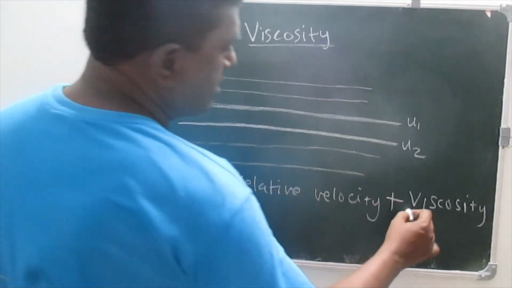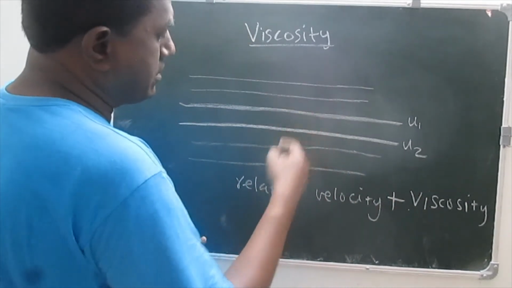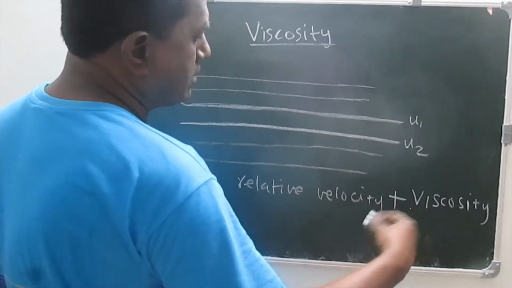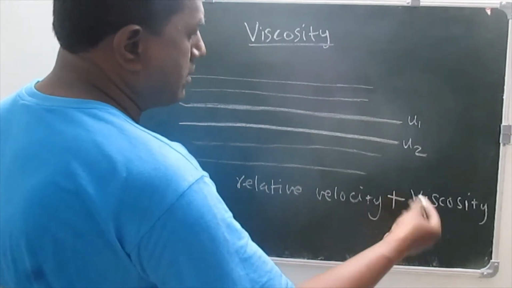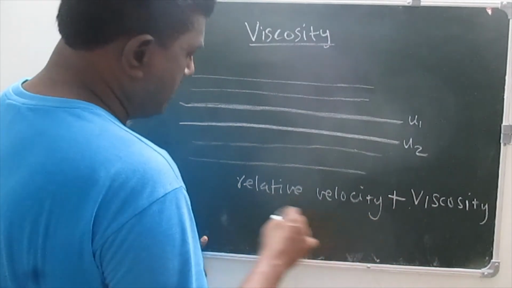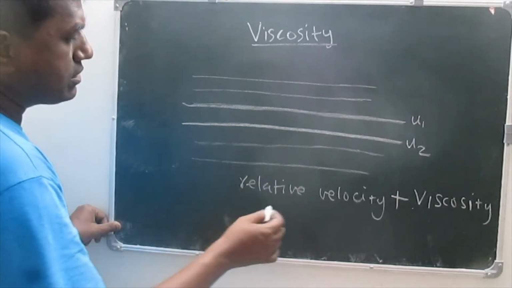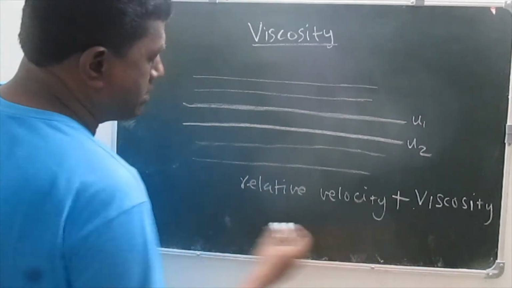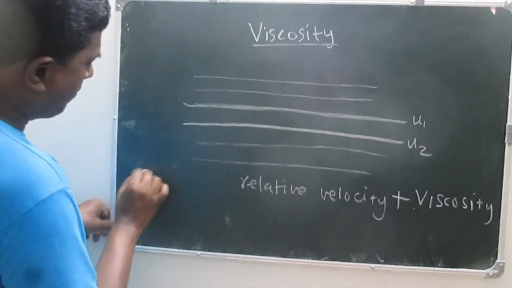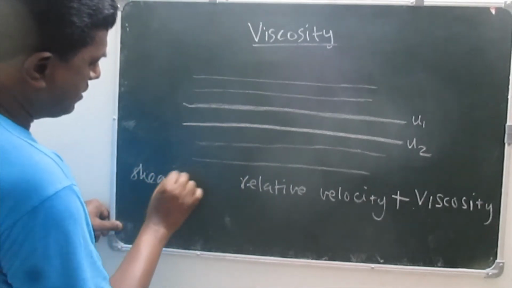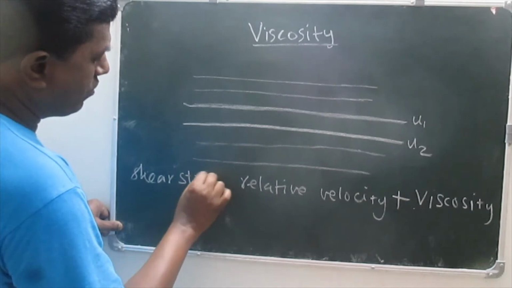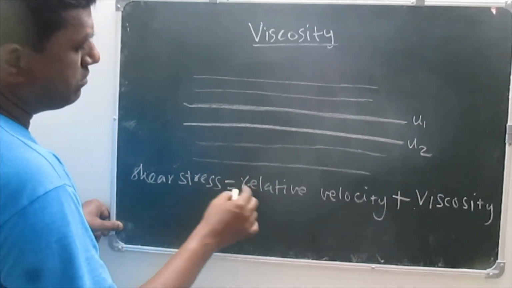That internal resistance we will measure with a separate term later. First let us see shear stress. Shear stress is nothing but relative velocity plus viscosity. That is what we call shear stress, and it is very important in fluid mechanics.